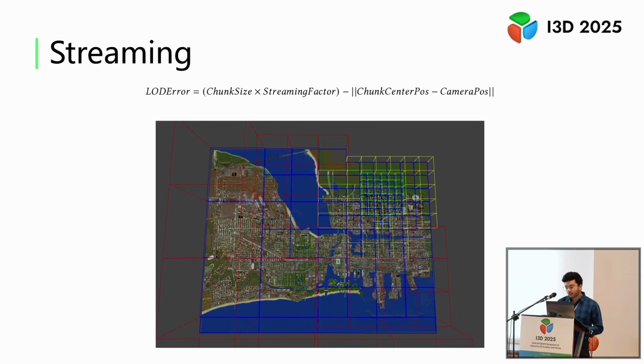The LOD error formula is based on the position and size of the chunk as well as the position of the camera. Stream factor is a predefined hyperparameter. A higher stream factor indicates that distant objects will have more visual depth, which correspondingly requires more VRAM.